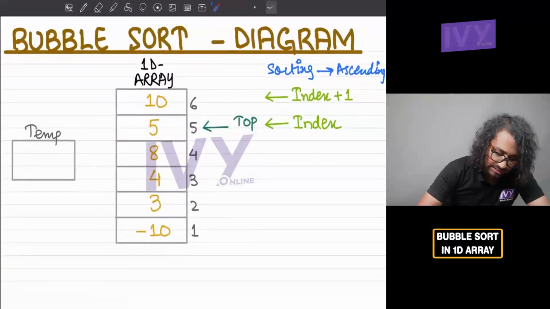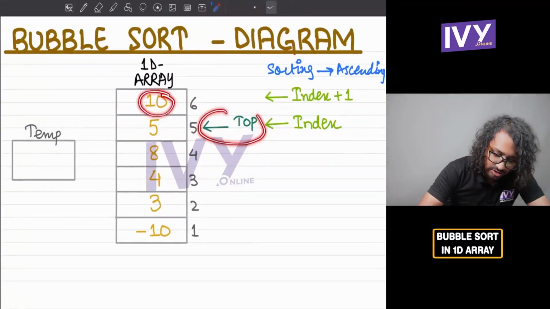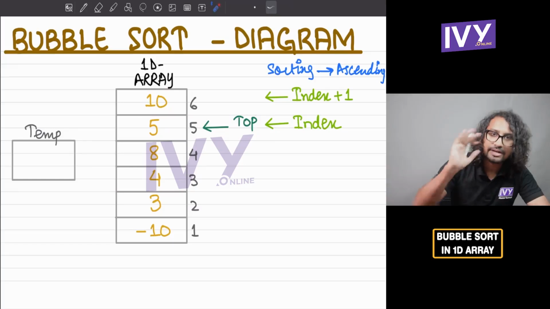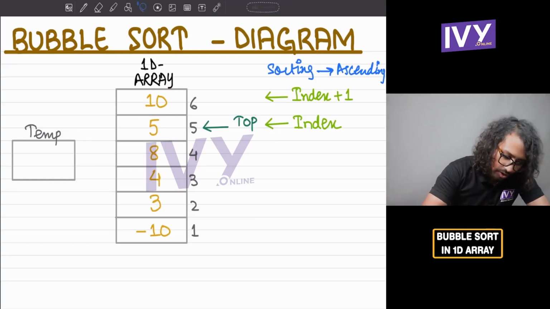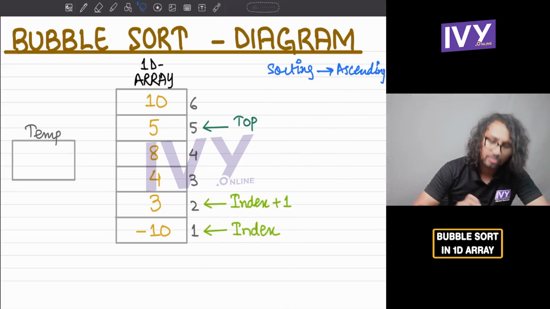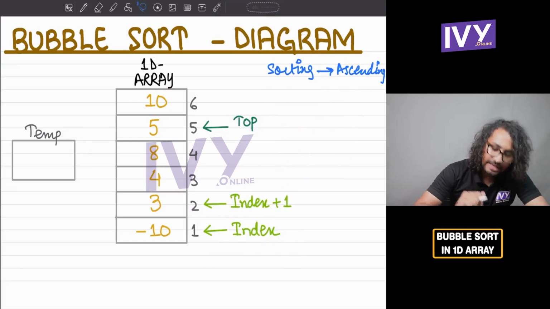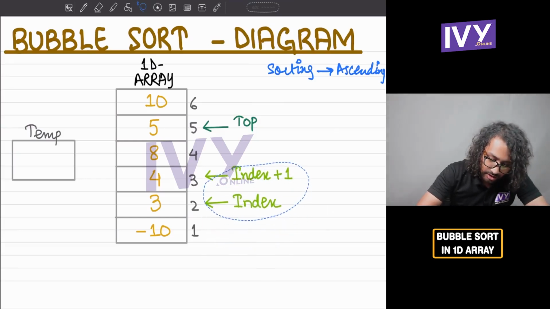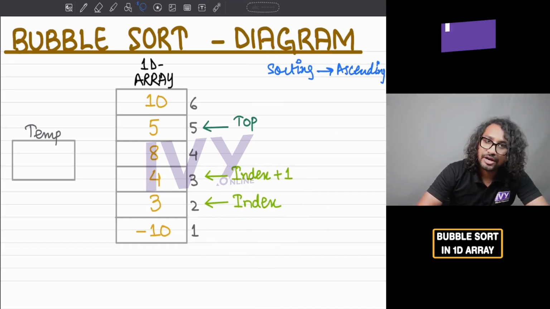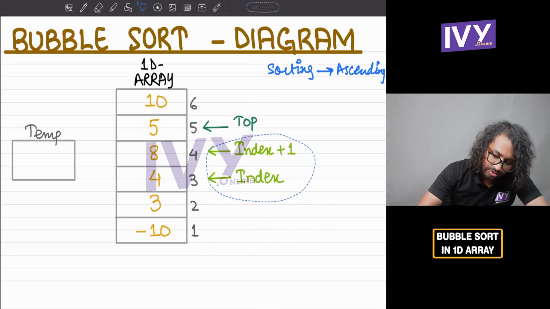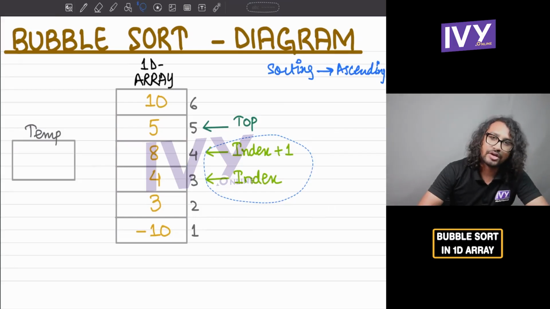So 10 is sorted and that is the reason why I have kept top a bit down now. Now what are you going to do? You are going to reset these to 1 and 2. Now is -10 greater than 3? No. We are going to move a bit up. Is 3 greater than 4? No. We are going to move a bit up. Is 4 greater than 8?